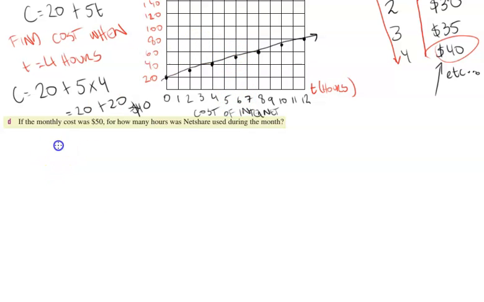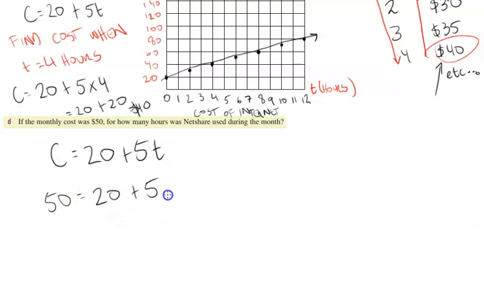So again, if our formula is cost is equal to 20 plus 5 lots of time frame, what this is saying is that it is going to cost $50. What is the time amount? So we're kind of reverse engineering this. We're working backwards to see what this is.